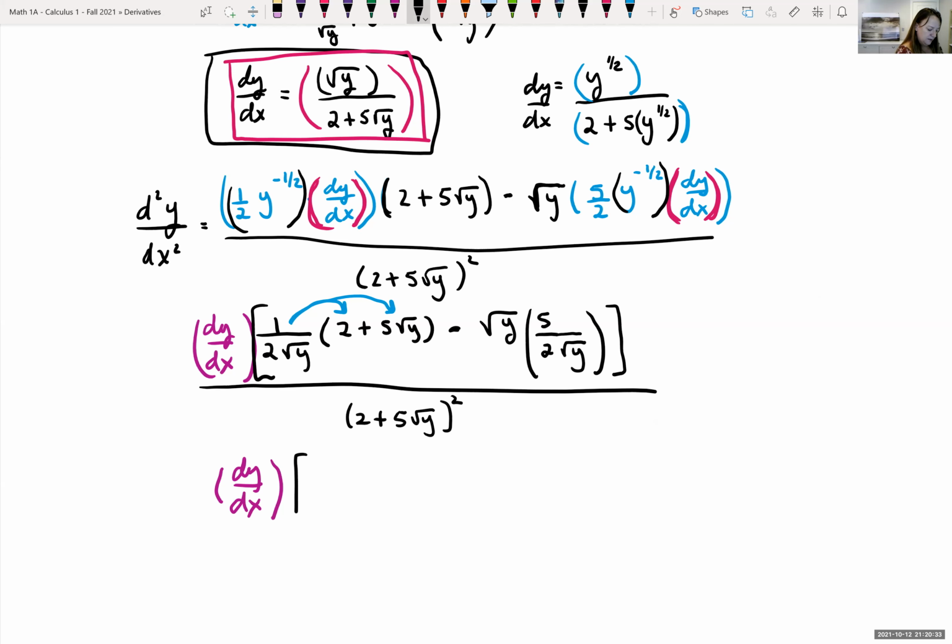All times, well, when I distribute 1/2 square roots of y to this 2, notice the 2's are going to cancel and you're just left with 1 square root of y. Plus, and when we distribute this 1/2 square roots of y to this 5 square roots of y, the square roots of y cancel and you're just left with 5/2.